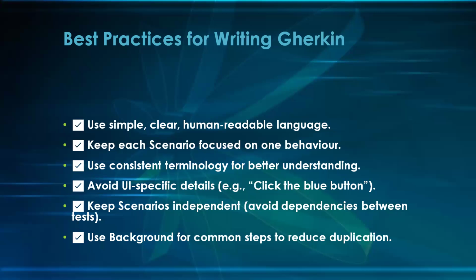Think from a user perspective, not the system. Keep scenarios short, focused on behavior, and avoid redundancy. And then you link your Gherkin to automation for real benefit. Like I said earlier, your Gherkin will help you when you start writing your automation. That's the essence of all this.